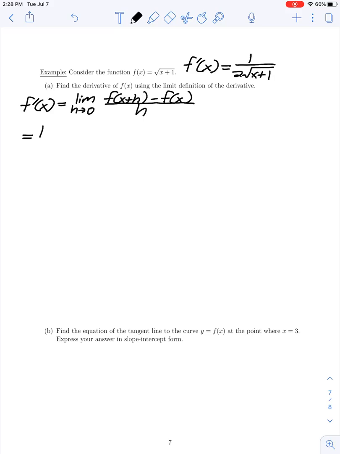So in this example, we have the limit as h approaches 0 of, for our numerator, we have f of x plus h, so that would be the square root of x plus h plus 1, minus f of x, which is the square root of x plus 1. And then the whole thing is being divided by h.